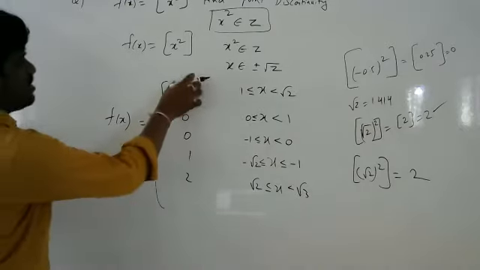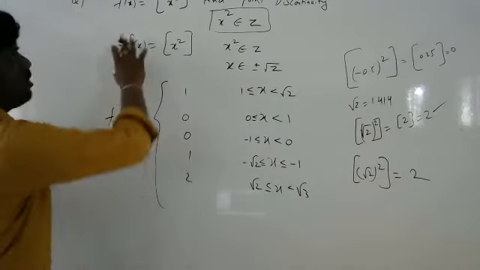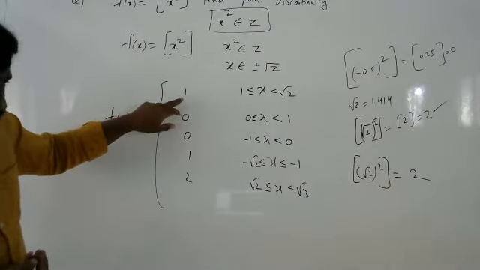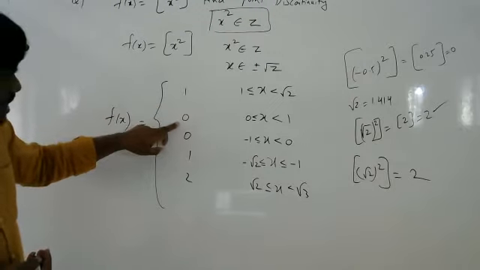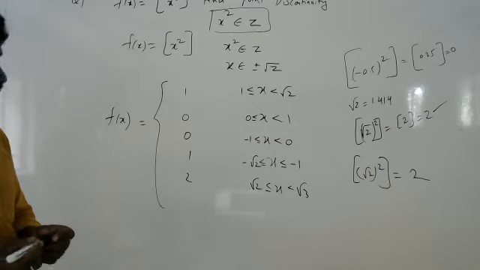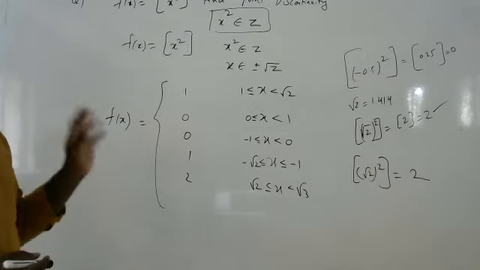So likewise, the greatest integer function is going to break at points. Wherever you get integer values, that is the point of discontinuity.